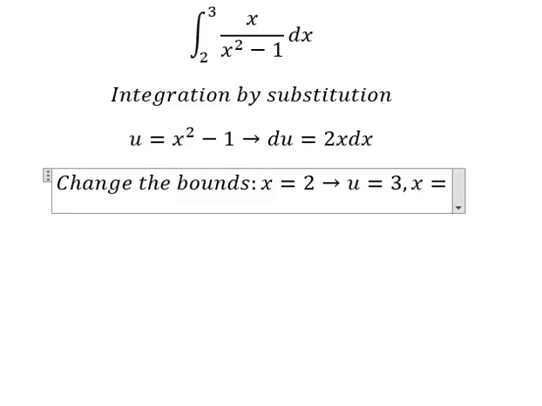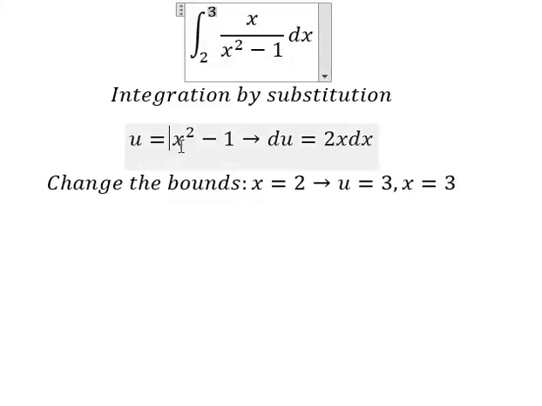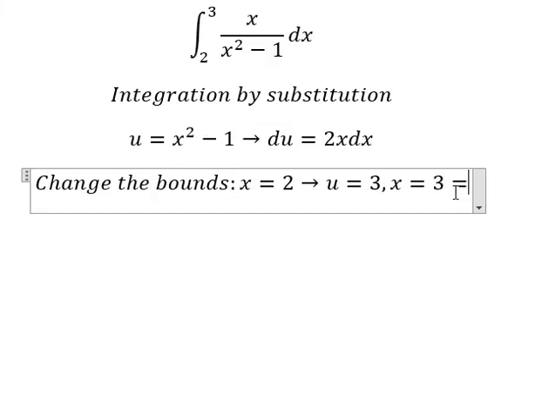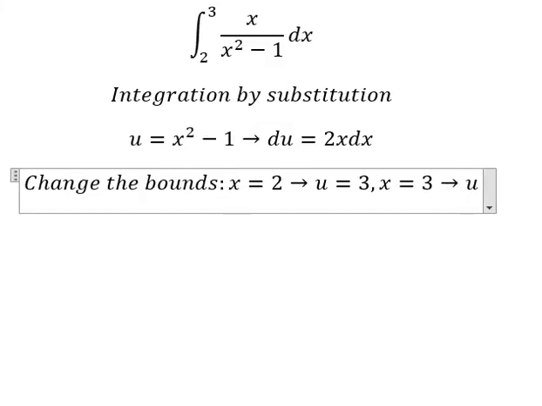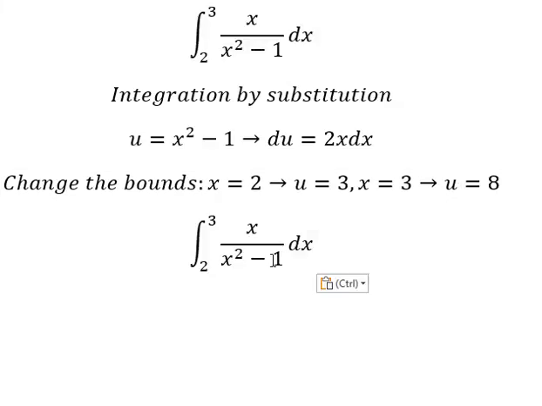When s equals 3, I will put 3 here. 3 squared minus 1, we have 8. So the bound 2 changes to 3, and the bound 3 changes to 8.